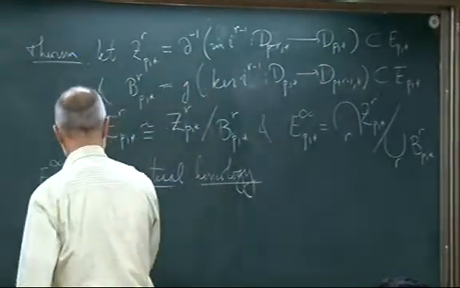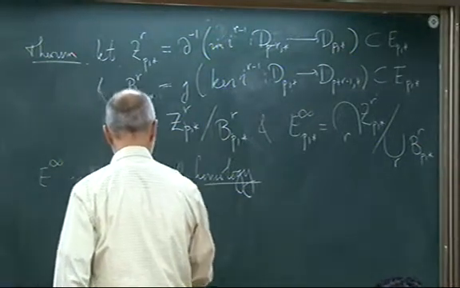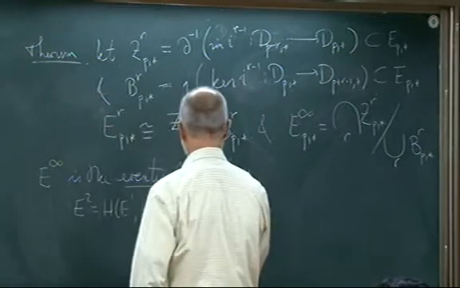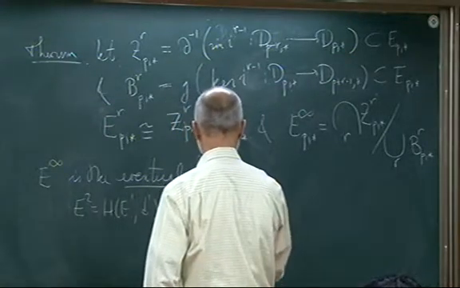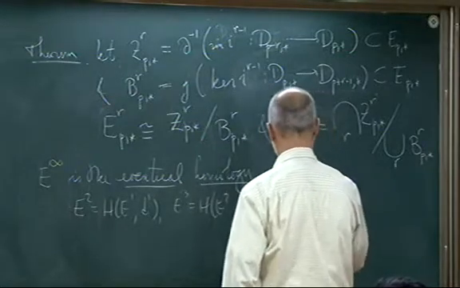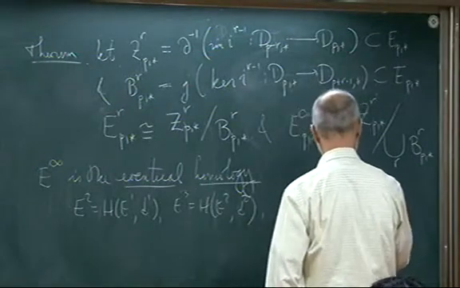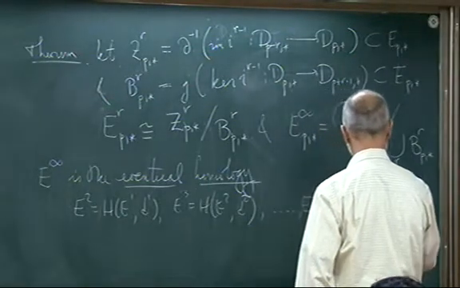So E2 was H of E1 with d1. E3 is H of E2 with d2, et cetera, H of E_{n-1}, d_{n-1}.